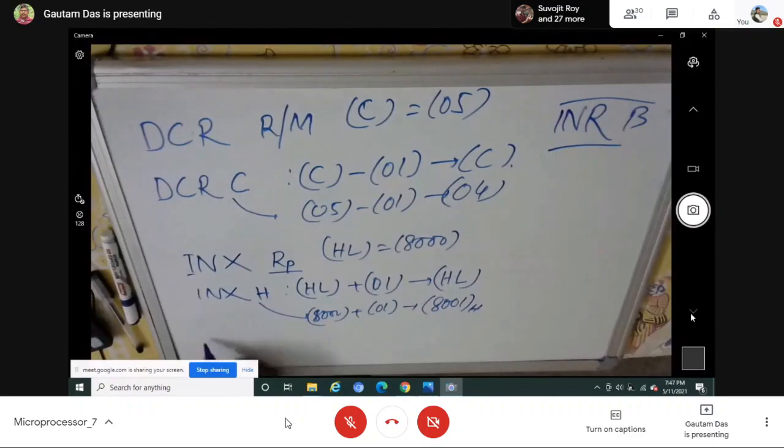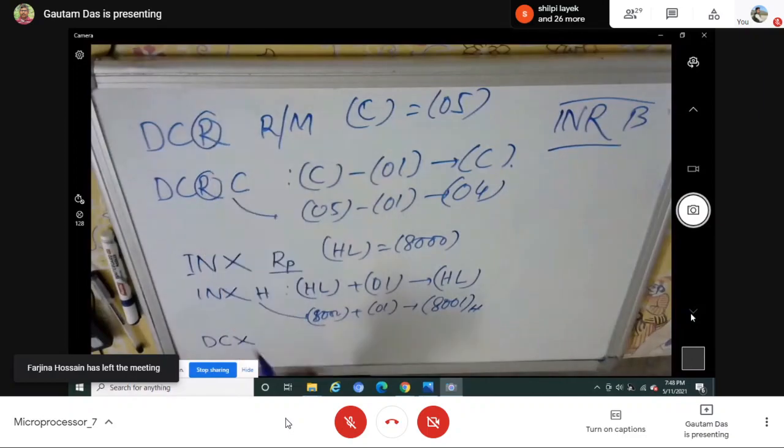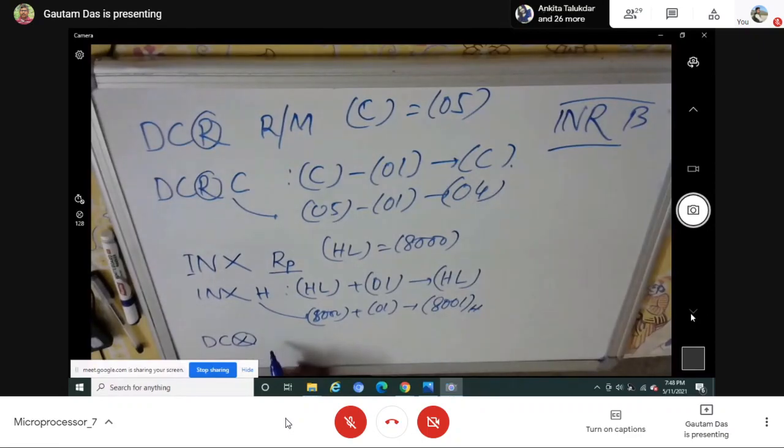DCX is also there to decrement the content of a register pair. The instruction is DCX. In place of R, which means register, 8-bit, X means 16-bit register pair. So the operand will again be a register pair. Suppose I write DCX B: the meaning is BC register pair content will be decremented by 1 and stored in BC. If BC was 8005, after DCX B it will become 8004.